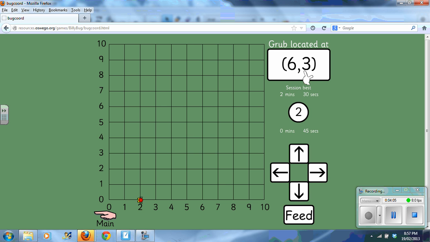Crawl 6, climb 3. Crawl 6, climb 3. 1, 9. Crawl 1. Crawl along the bottom. Climb along the vertical. 9.